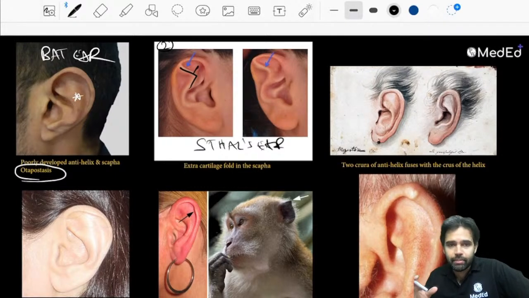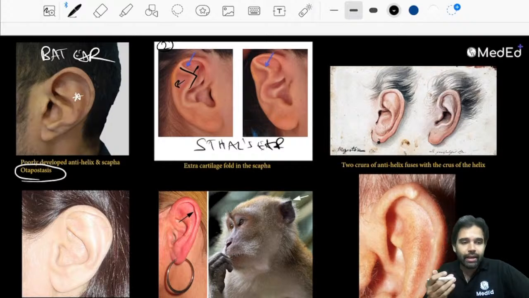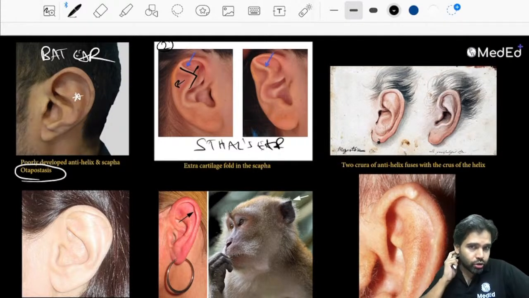This is also extremely rare, but because of this irregular part of the antihelix in the scapha, it is called Stahl ear. Scapha is the space beneath the helix and the antihelix. It is also called the elf ear.